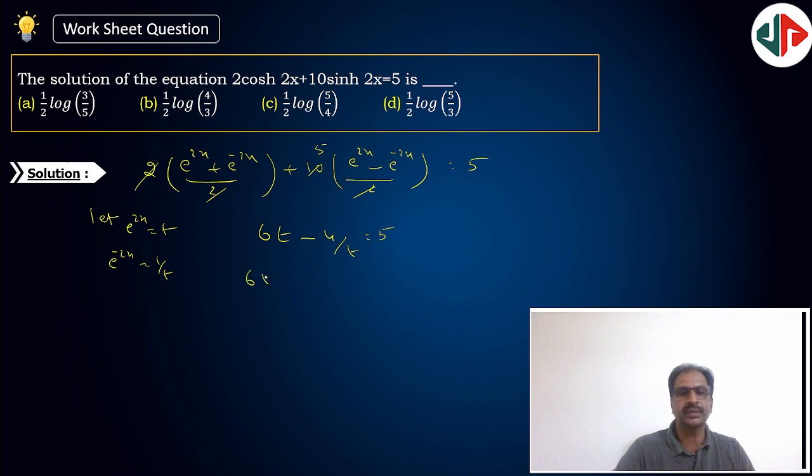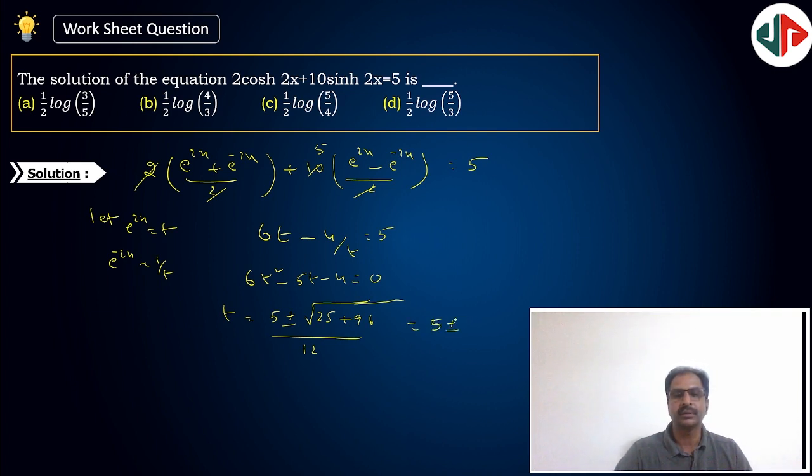Simplify this: 6t square minus 5t minus 4 is equal to 0. And use minus b plus or minus root of b square minus 4ac by 2a. So this is 5 plus or minus root of 96 plus 25, that is 11, by 12.